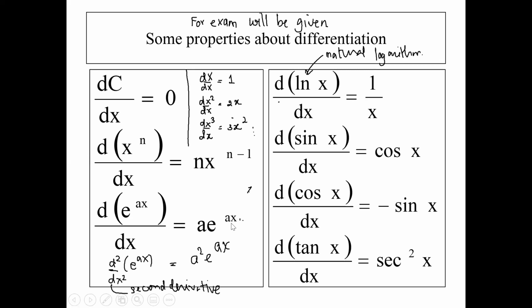If you take another derivative, which we call the second derivative, d squared by dx squared of e to the ax is a squared e to the ax.